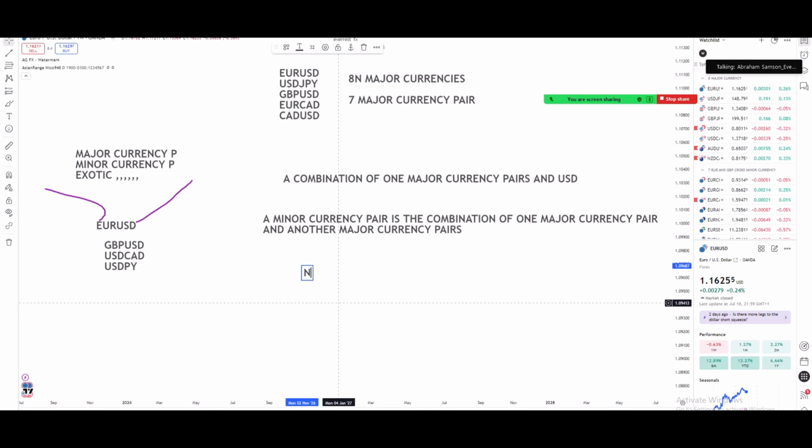For example, NGN/USD. Mexico currencies too, and some other currencies. Most of these currencies are still coming into the market newly, like the Nigerian currency, the Kuwaiti dinar, the Brazilian real, and others. These are all exotic currencies.